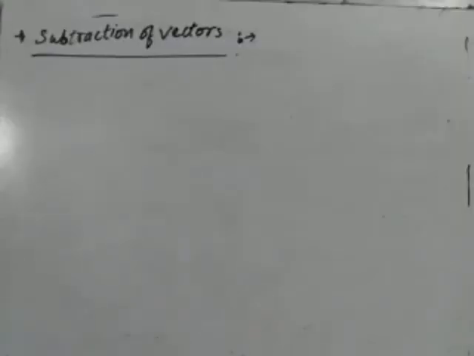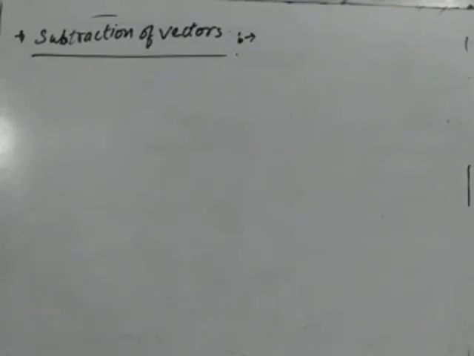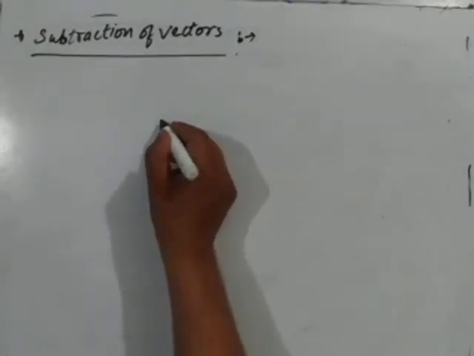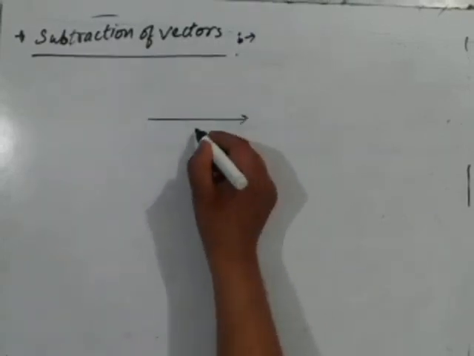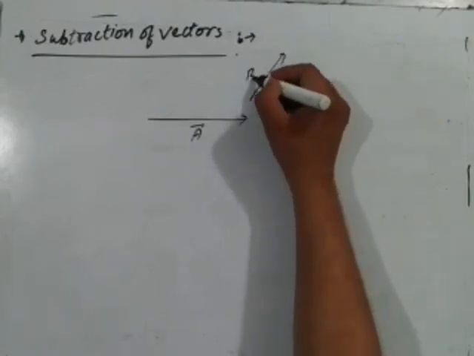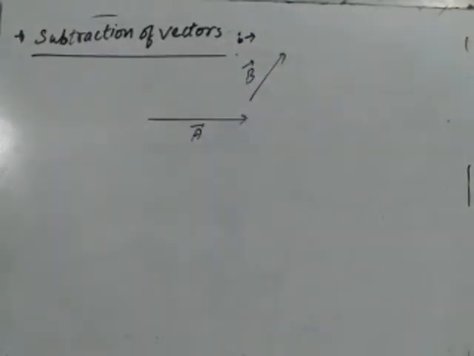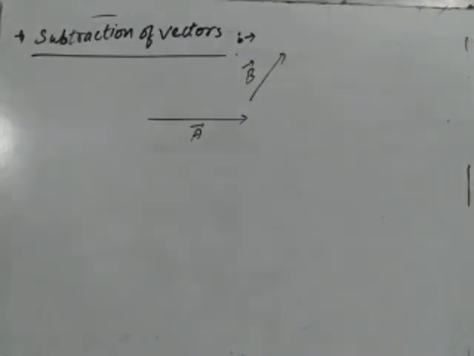Our new topic is subtraction of vectors. That means if we want to reduce one vector from another vector, consider there are two vectors, A vector and B vector, and we want to reduce B vector from A vector.